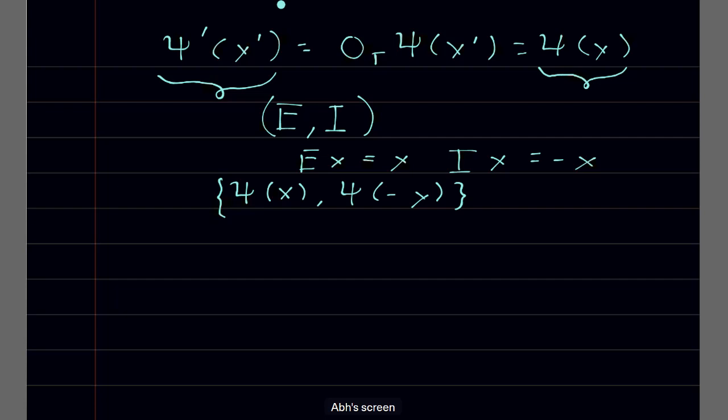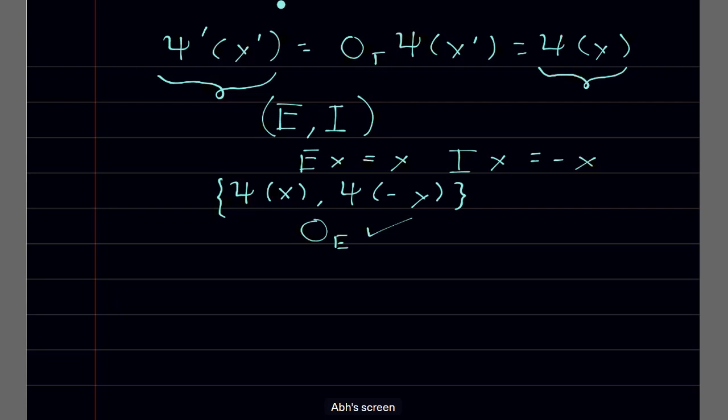So now if E of x is equal to x, then how does the operator version of E, which is OE, act on the function space? Let's take a quick look. The idea is the following.